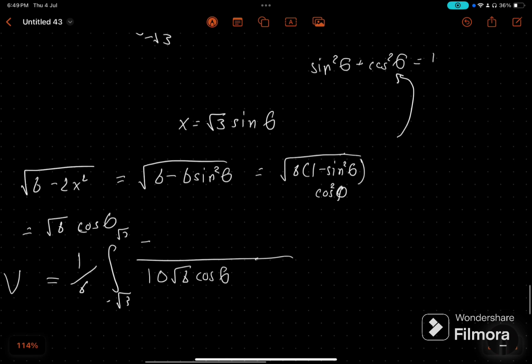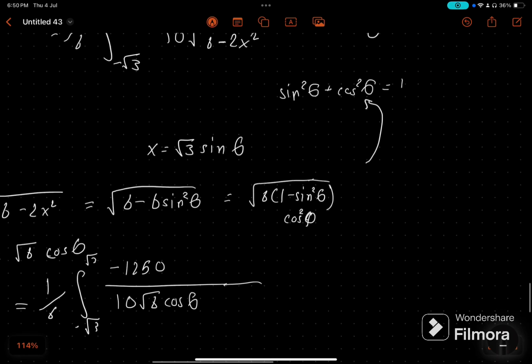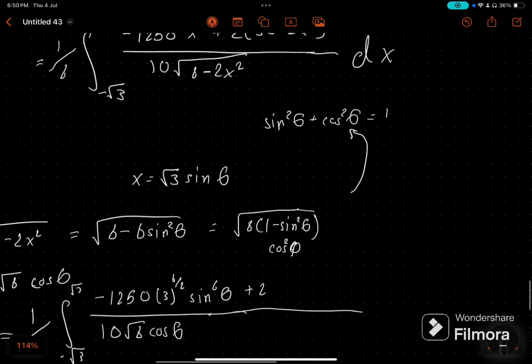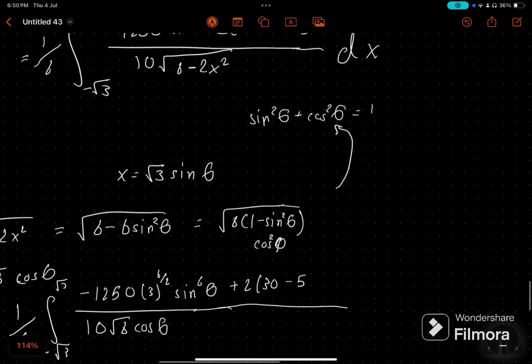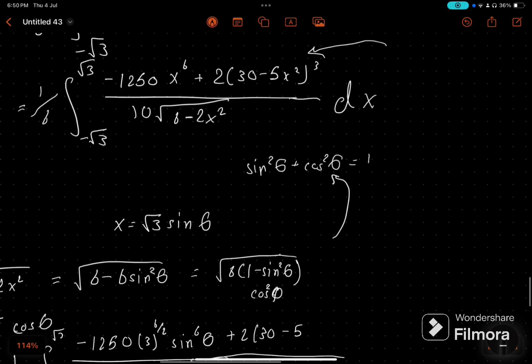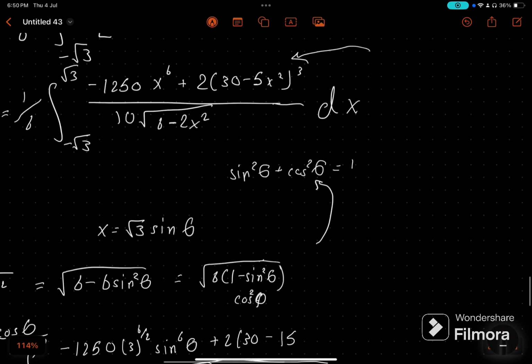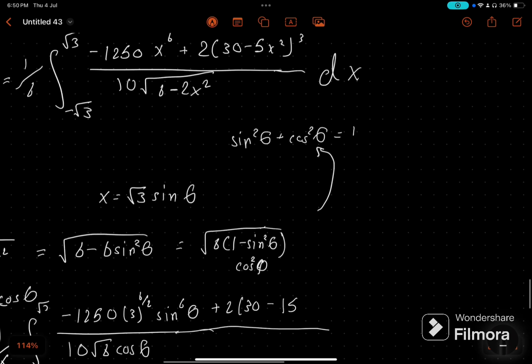Now for the rest, so minus 1250 times 6 over 2 times sine to the 6 theta, plus 230 minus 5, so times 3, 5 times 3 is 15, and we're going to have here sine squared of theta.